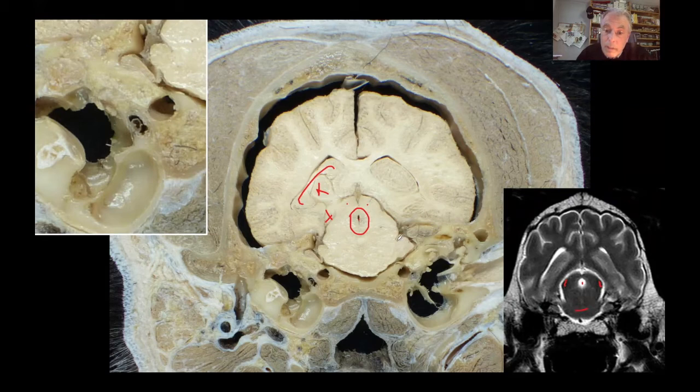The pons with the brachium pontis, or middle cerebellar peduncle. And laterally we have the trigeminal nerve, here the crista petrosa.